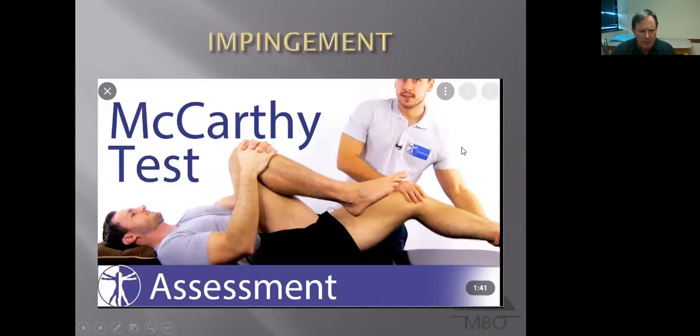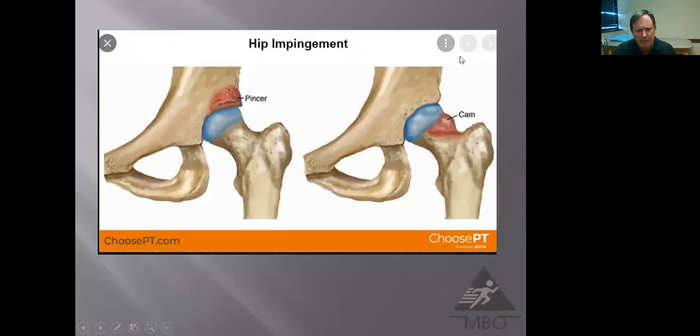There's also something called impingement, where you get a little bit of bone growing around the hip. So you have either what's called a pincer lesion, where a little bit of bone on the acetabulum is kind of growing over the covering of the hip, or you've got some overgrowth in the femoral neck, and either of these can cause a mechanical impingement, which causes a snapping, or it can cause limited range of motion or pain.